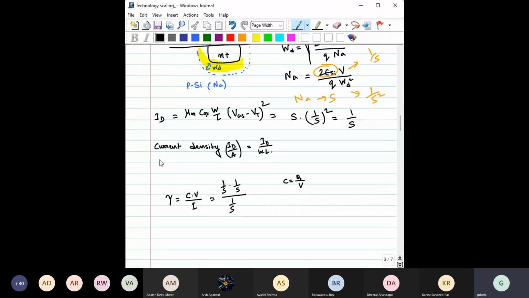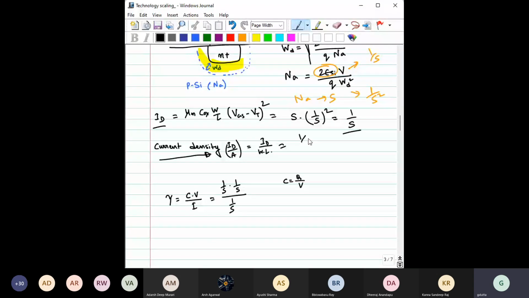Okay. What will happen to the current density? Current density means current per unit area. Here we are getting less current, that is true. But at the same time, we also have to understand that our area has reduced, right? So from the per unit area point of view, let us find how much current we are getting. It is ID by area.